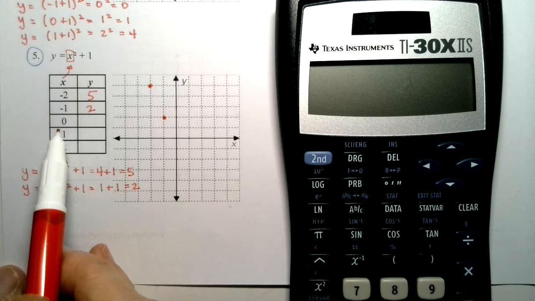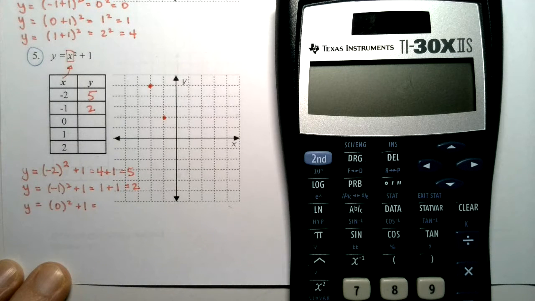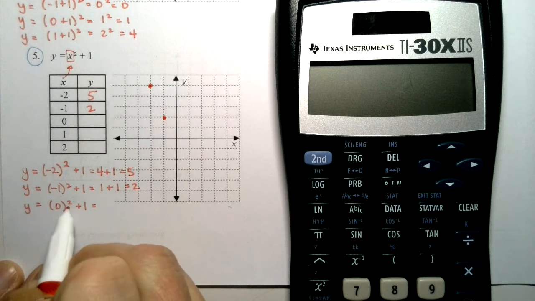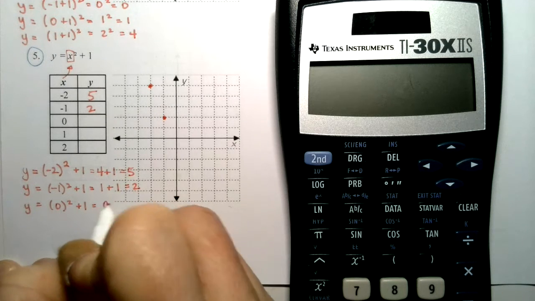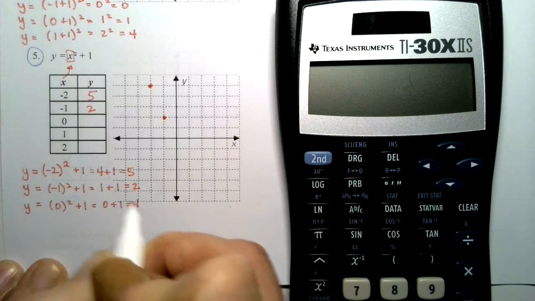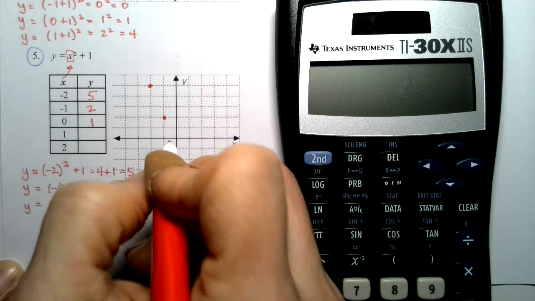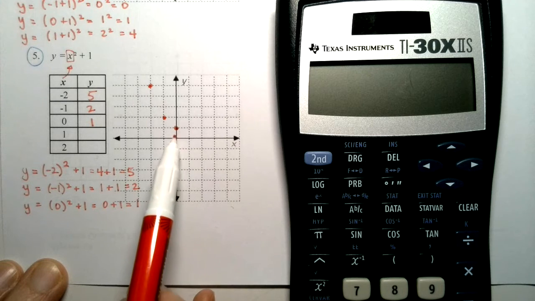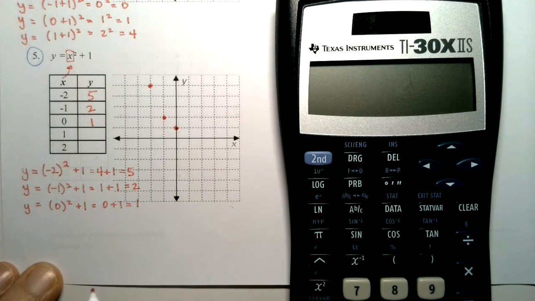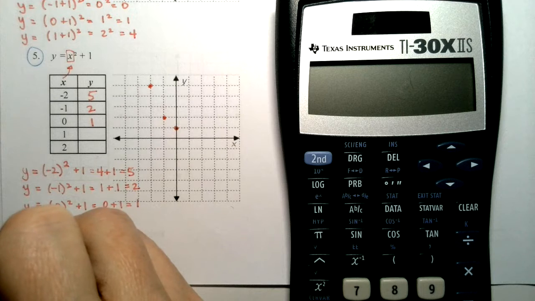Next point we're plugging in is 0. So 0 squared is 0, because 0 times 0 is 0. Plus 1 gives us 1. Plot that point. That's a y-intercept for us.